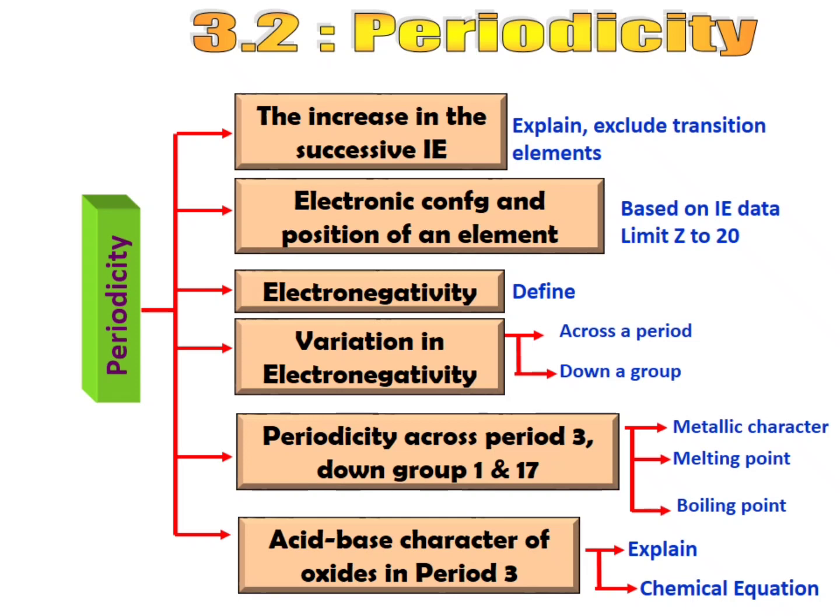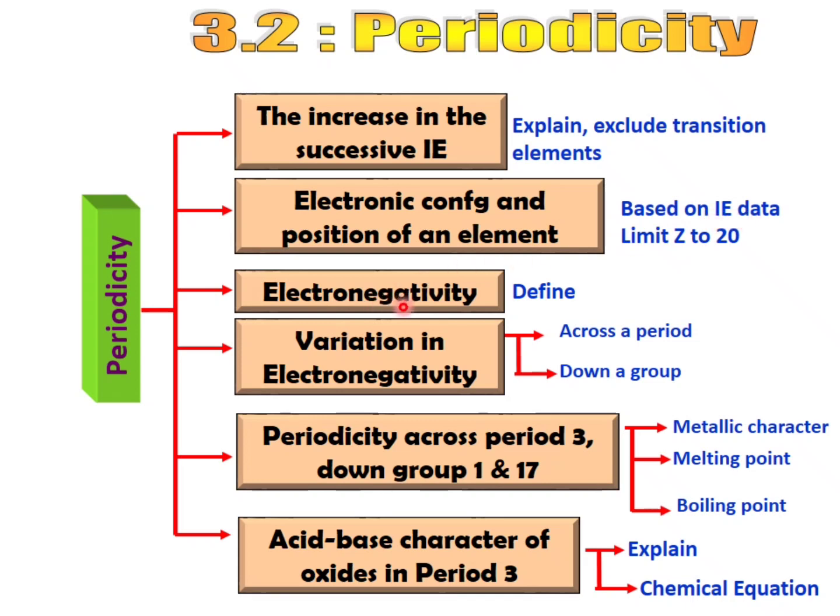Okay guys, in this part we are going to learn about the increase in the successive ionization energy, and how to identify the position of the element and electronic configuration based on the ionization energy data.